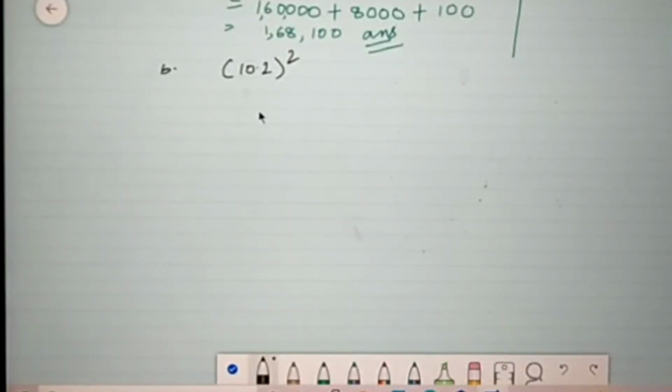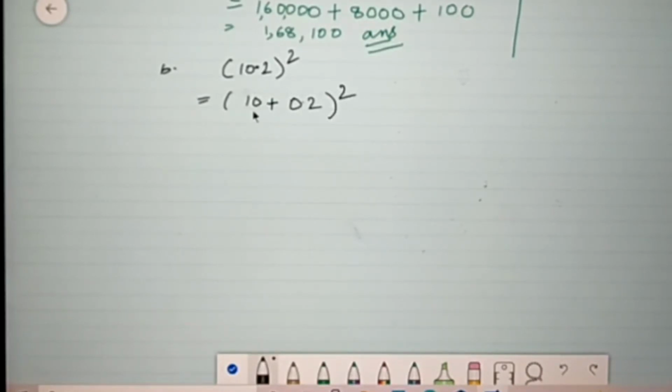Now again we find 10.2 square. We use identity 1 to solve this. So 10.2 is 10 plus 0.2, as 2 is in the tenths place. So 10.2 is (10 + 0.2) whole square.